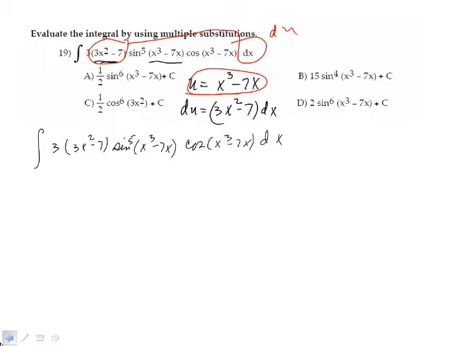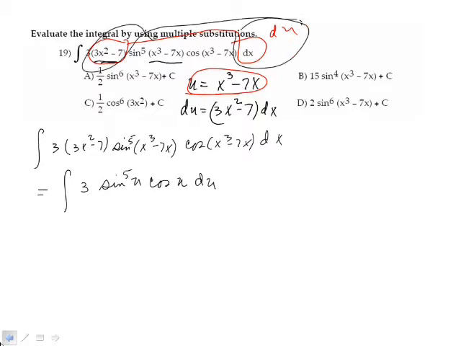After we do the substitution, we'll end up with 3 sine to the 5th of u times cosine of u du. Notice that the du was this part.